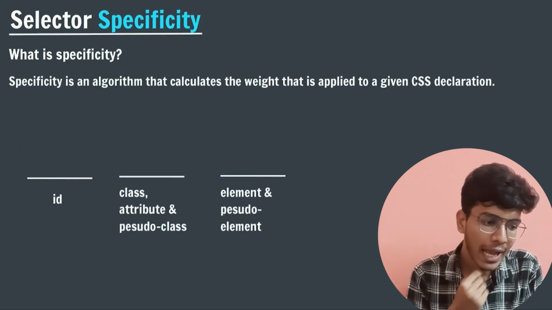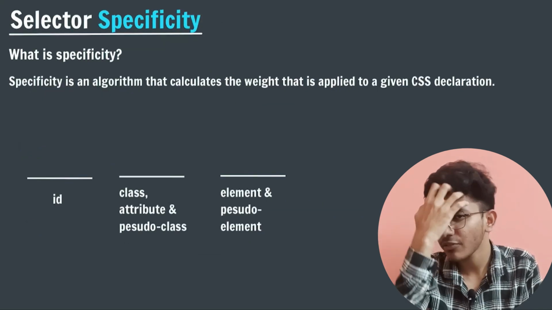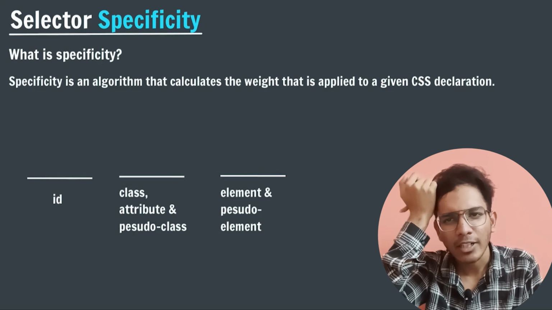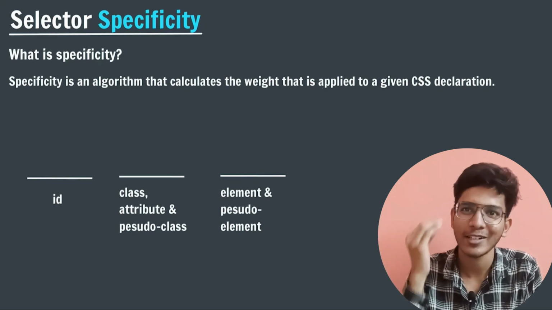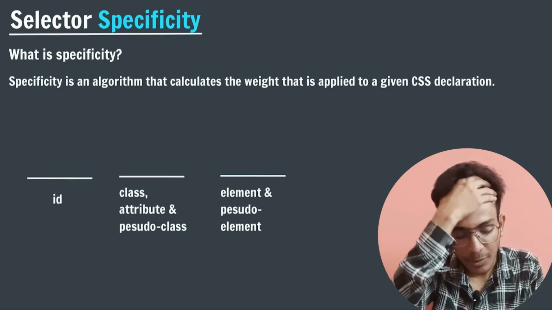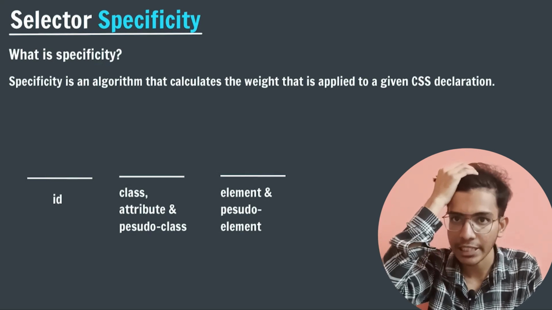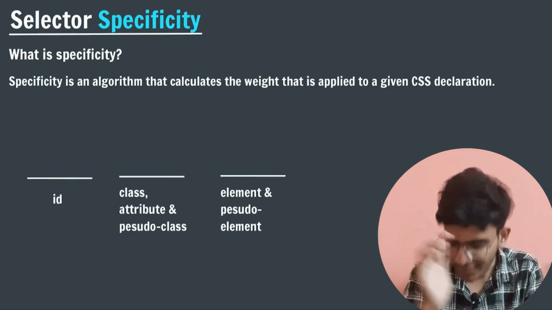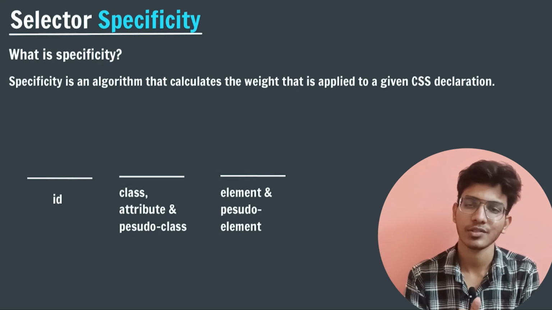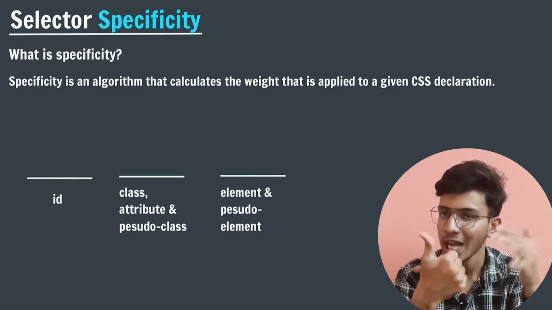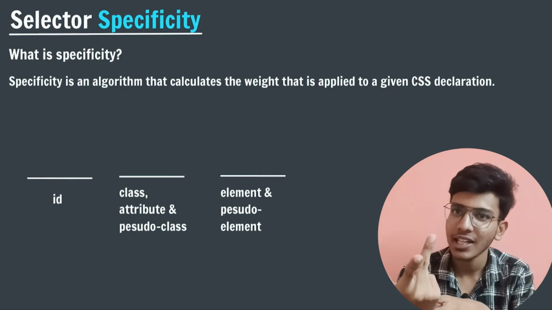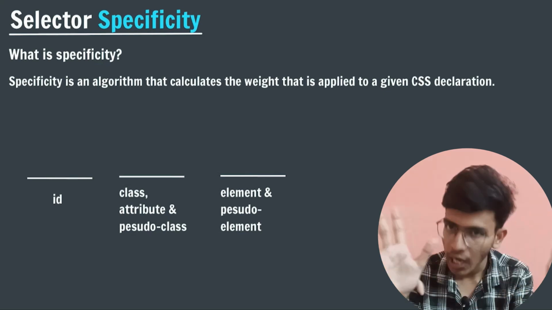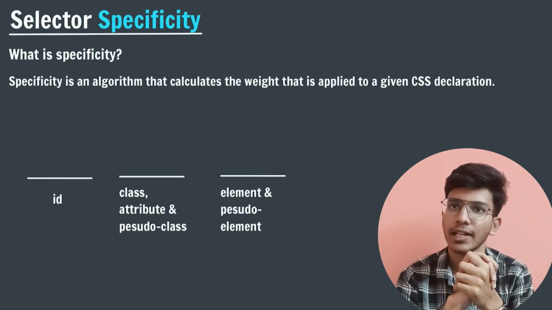Let us talk about another really important concept, and if you don't understand this concept now, I don't think you will become a good front-end developer. The name of the concept is selector specificity. In selectors we have different types of selectors, right? We have class selector, ID selector, element selector, child selector, and so on.